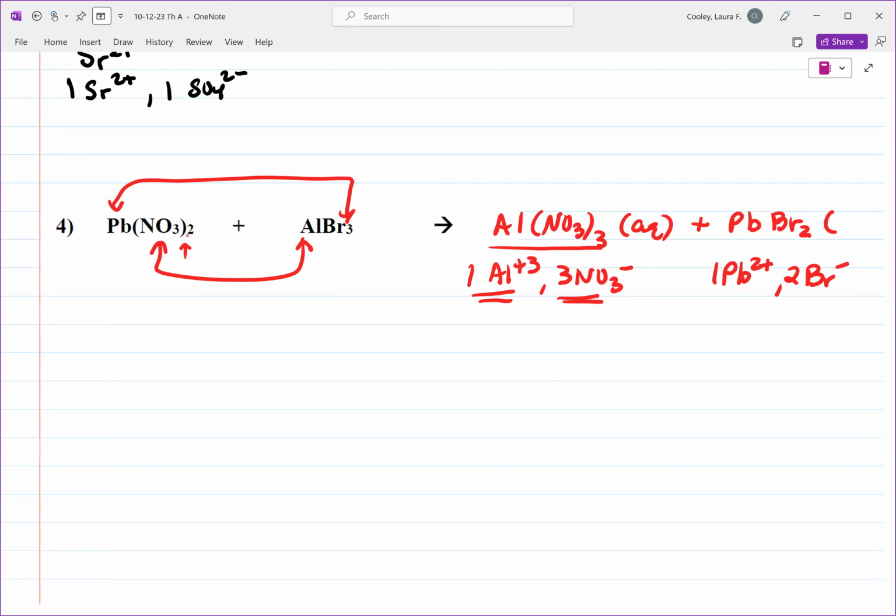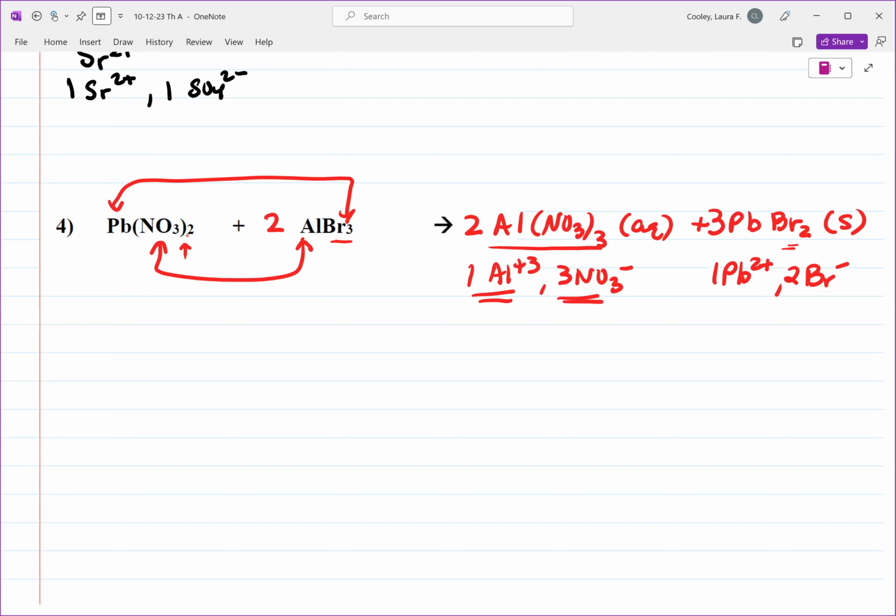Okay, bromides are generally soluble, but not when paired with lead, from the solubility chart. So this one now, all that remains is for it to be balanced. This is a little tough to balance. You see you have 3 Brs here, you have 2 here. So usually that means that you would have to put a 3 here and a 2 here. And that would mean you'd have to put 2 here for 2 aluminums, but that means you'd have 6 nitrates.